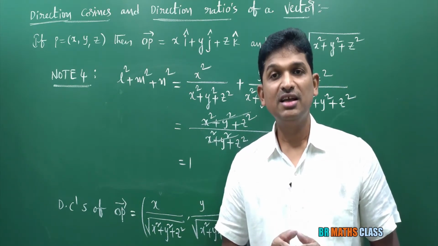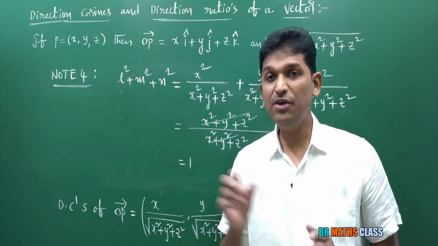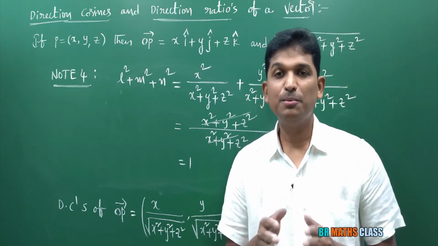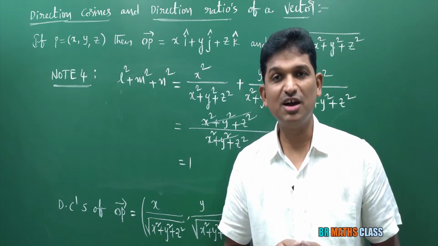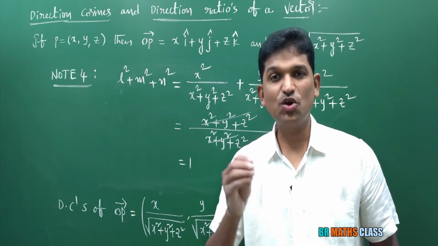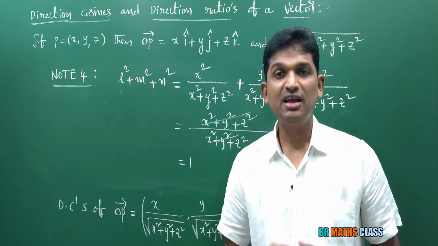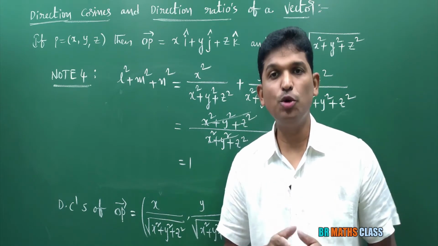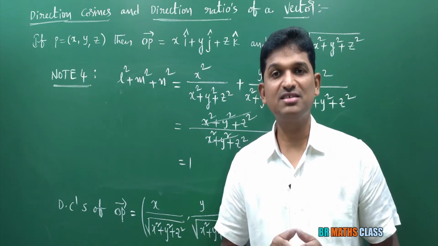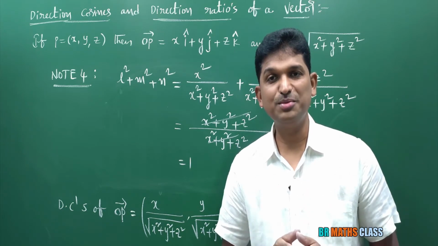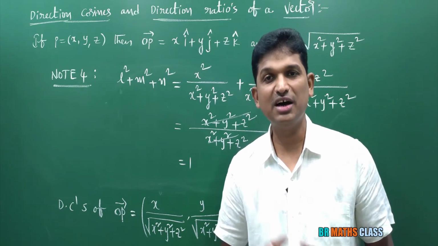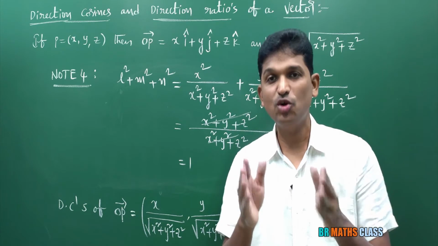And the direction cosines of PO bar, minus cos alpha, minus cos beta, minus cos gamma, are the direction cosines of the vector PO bar. The direction cosines of the line OP are plus or minus cos alpha, plus or minus cos beta, plus or minus cos gamma.